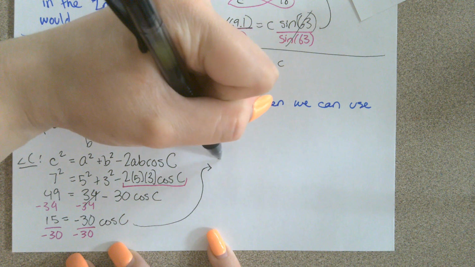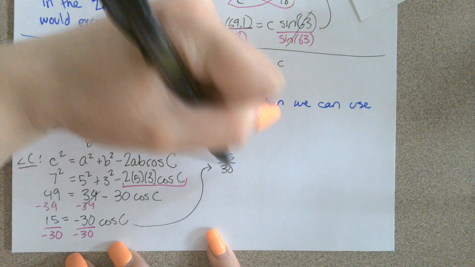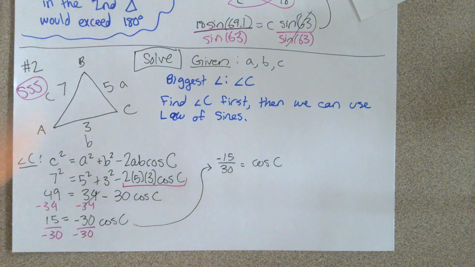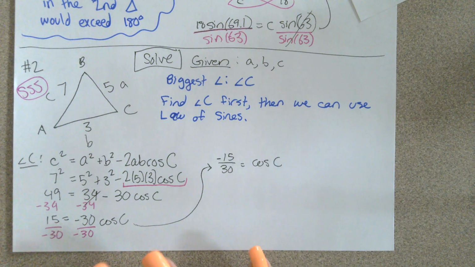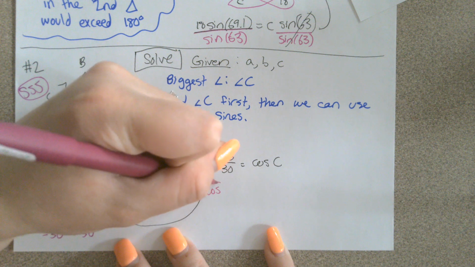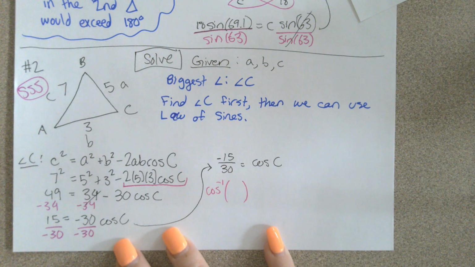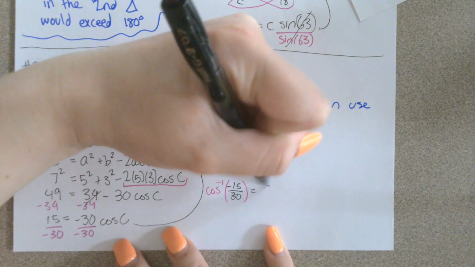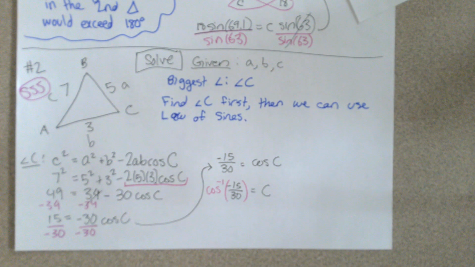This is negative 15 over 30 equals cosine of C, and then inverse cosine on both sides. Inverse cosine of negative 15 over 30 equals C, and this is actually a nice number if you put it in the calculator.